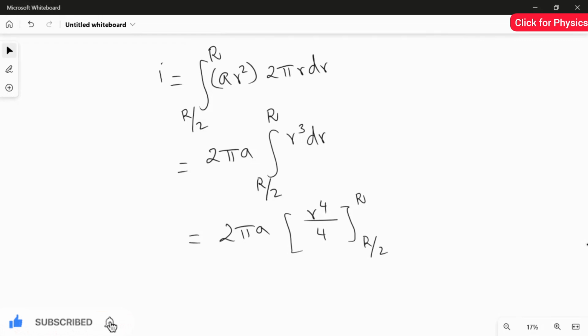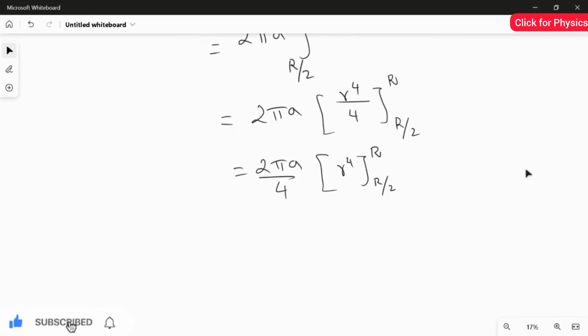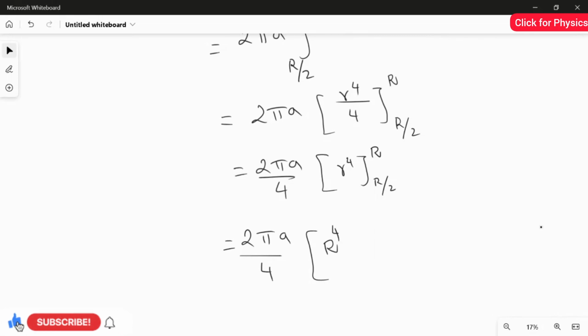Again, this 4 is a constant, so I can take it outside. So 2 pi A over 4. Inside we have only r power 4. The upper limit is R, the lower limit is R over 2. So in place of r, I'm going to substitute the values R and R over 2. So what will you get? 2 pi A over 4. When you apply the upper limit, this becomes capital R power 4, and minus, you'll get R power 4 over 16, right?